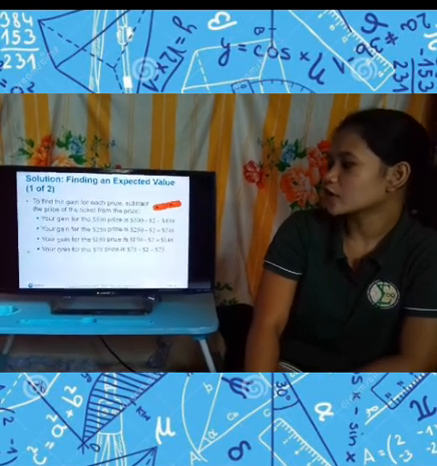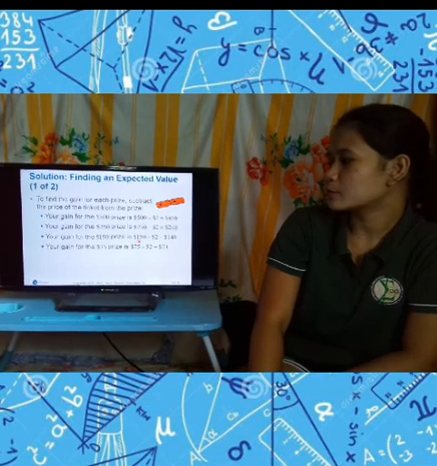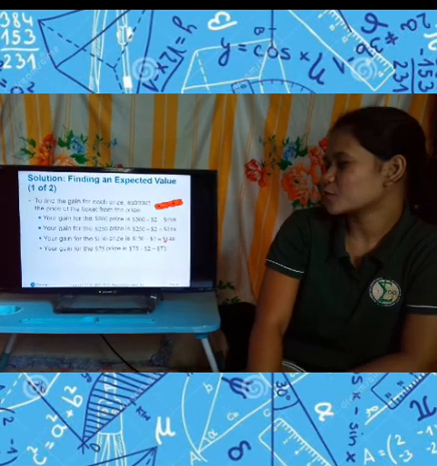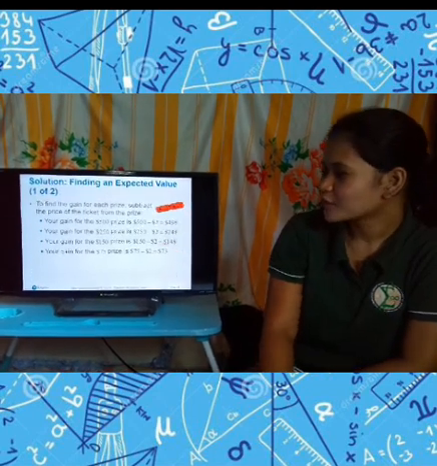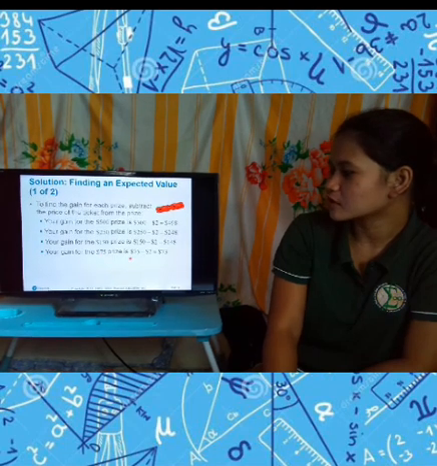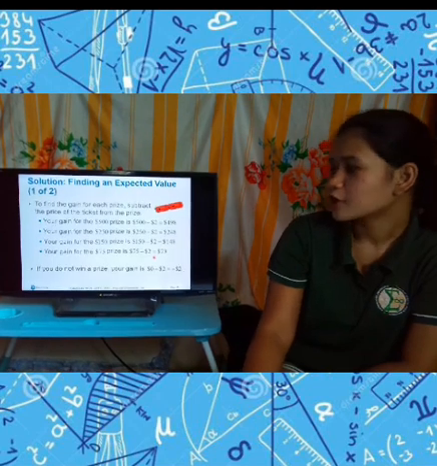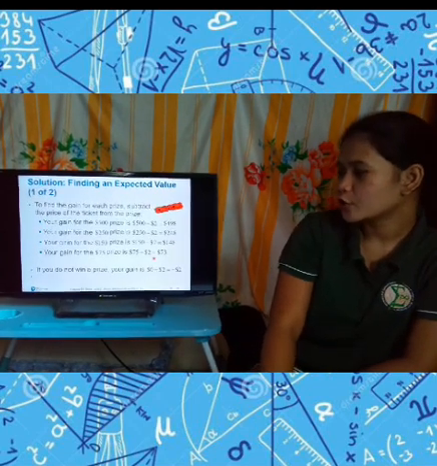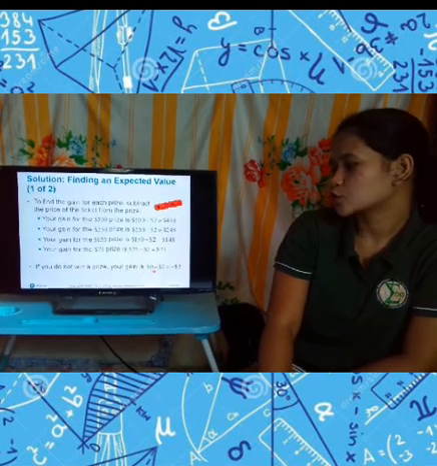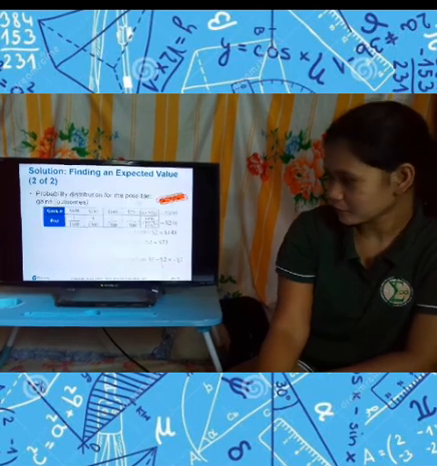Your gain for the $150 prize is $150 minus $2, which is equal to $148. Your gain for the $75 prize is $75 minus $2, which is equal to $73. If you do not win a prize, your gain is $0 minus $2, which is equal to negative $2.